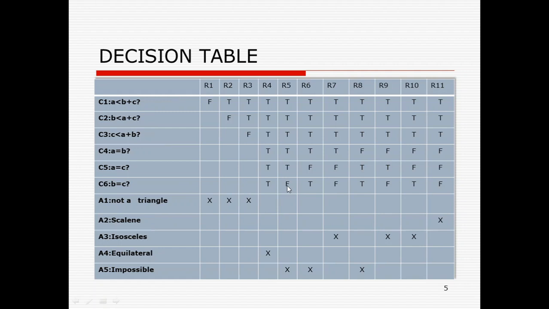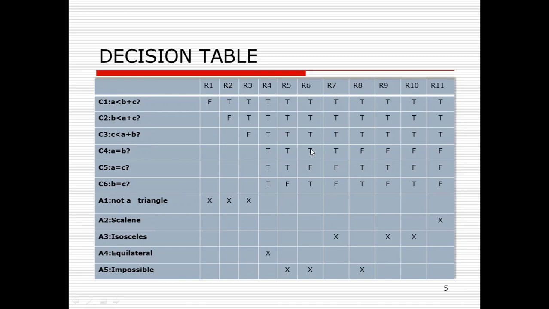Can it be like that? No, it cannot be like that, so the action is impossible. If A equal to B and A equal to C, then B has to be equal to C. We cannot say that B is not equal to C, so this is an impossible condition.